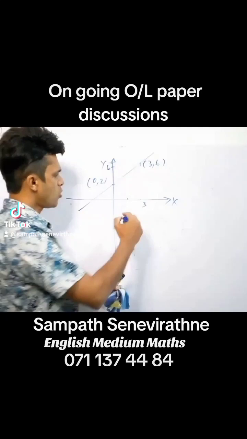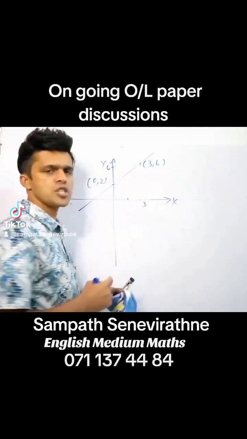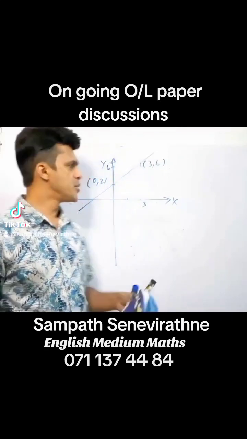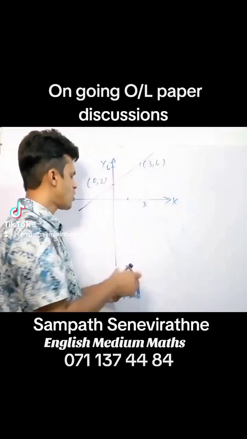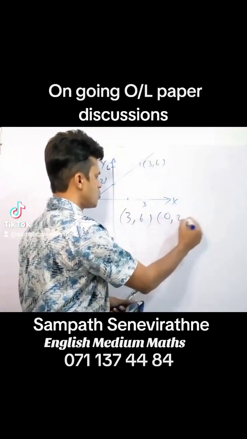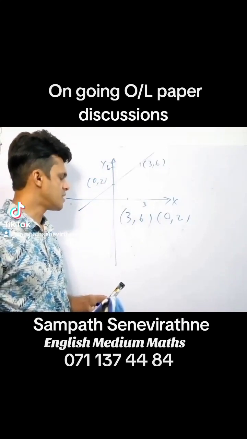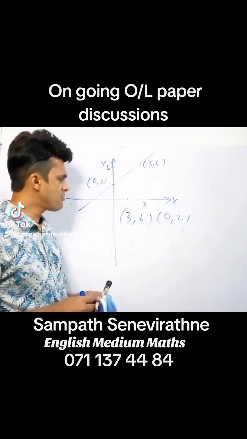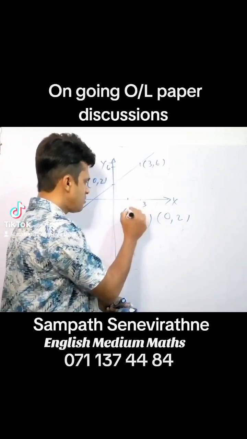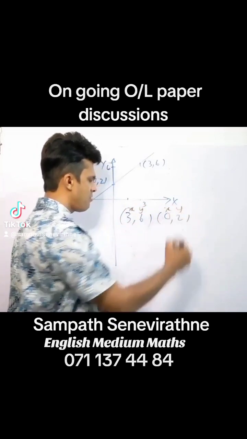So how can you calculate the value of m here when it has given two coordinates? Here is a coordinate, here is a coordinate: (3, 6) and (0, 2). In order to calculate the value of m, this is the value of x, this is the value of y.